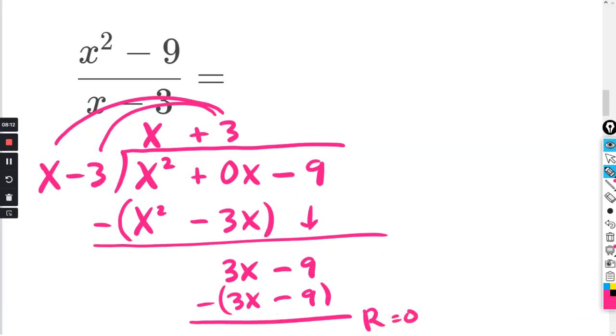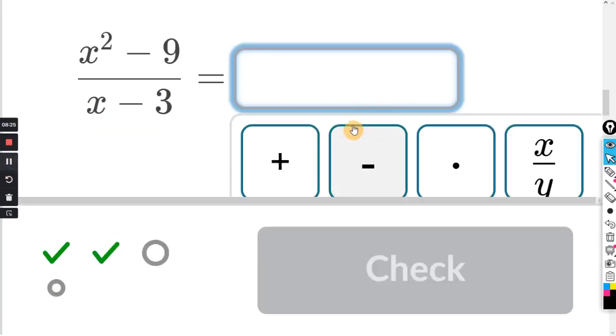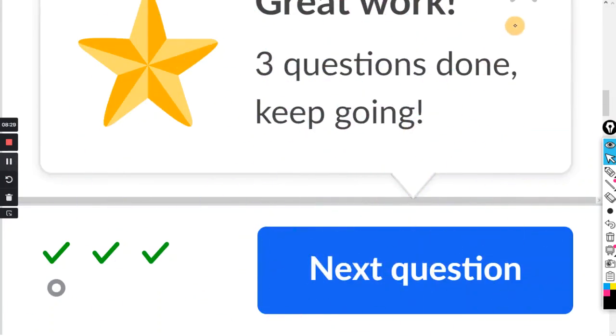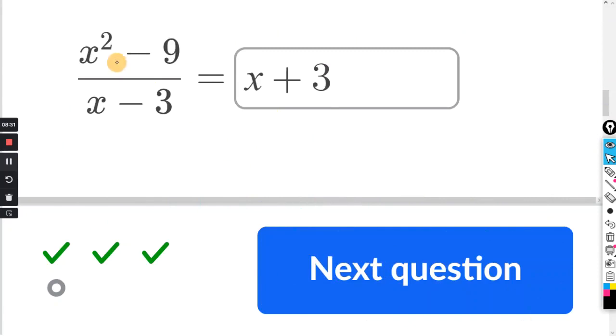And that should be the case for all the problems on this exercise. So the final answer is just x plus 3. So in the box, just type x plus 3. Okay, and just remember, if there's no x term in the middle, just make it 0x. This way they can count down by ones for the exponents.